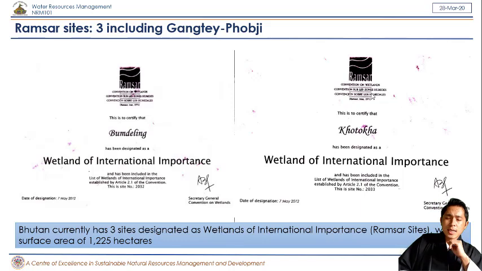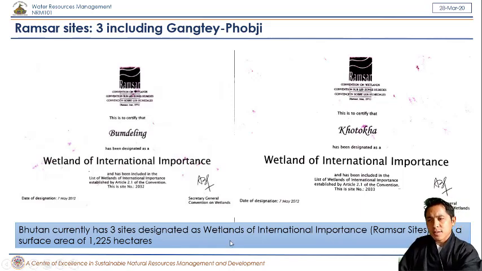So basically, including the recent Gangtey Phobji, we now have 3 Ramsar sites declared as wetlands of international importance, and in total it makes around 1,225 hectares together.